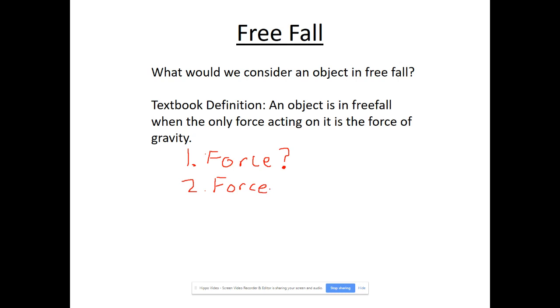So if we take those out, an object is in free fall when the only thing we don't know acting on it is the also thing we don't know. Not particularly helpful. Thanks, Google. You're not helpful.